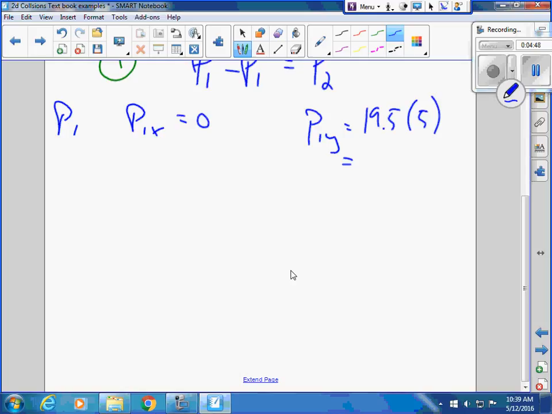The momentum of rock 1y is 19.5 times 5, but it's all y. It's just north, so you'd not have to go sine cos. The x is nothing. There's no sideways momentum. It's all upwards, right? So that gives me 97.5. Good enough, Josh? Good questions are good.